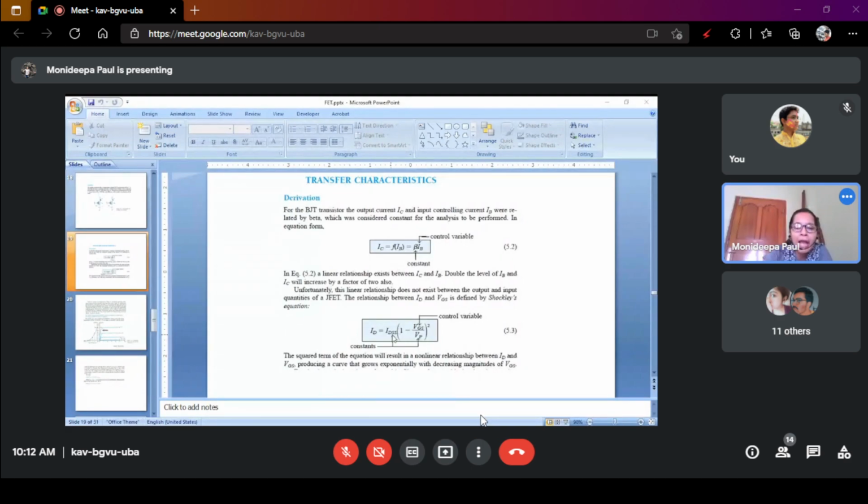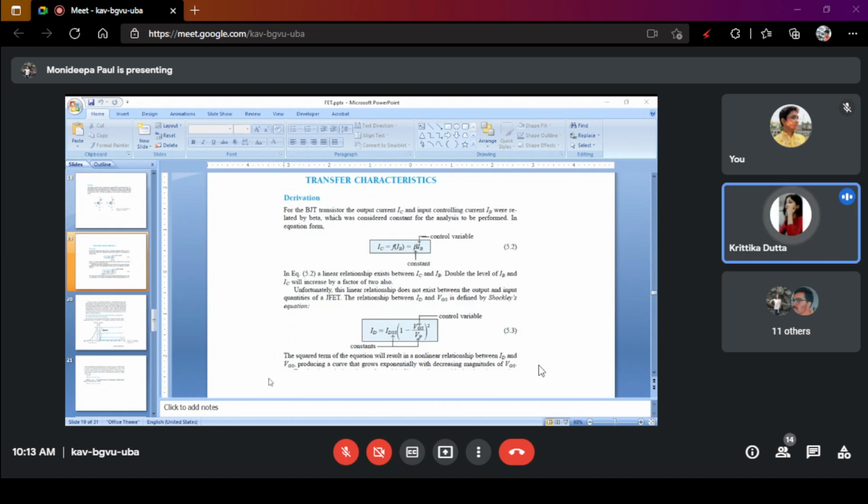That means everything in this equation depends on the value of the VGS. So, due to this reason, FET is called the voltage control device. Clear? Or any doubt? Why FET is called voltage control device? Is it clear for everyone?